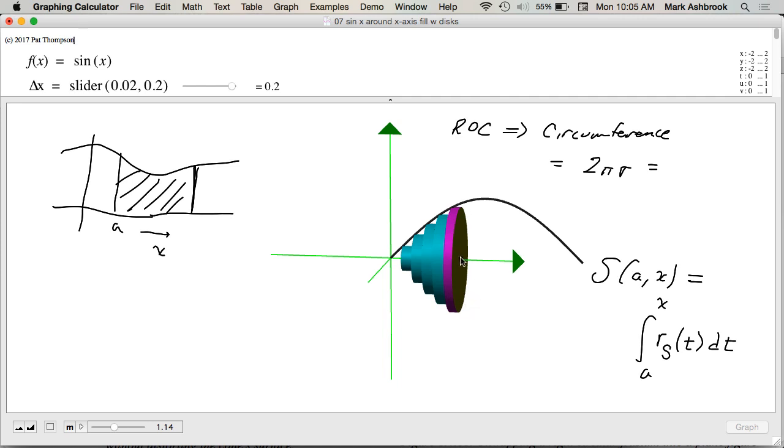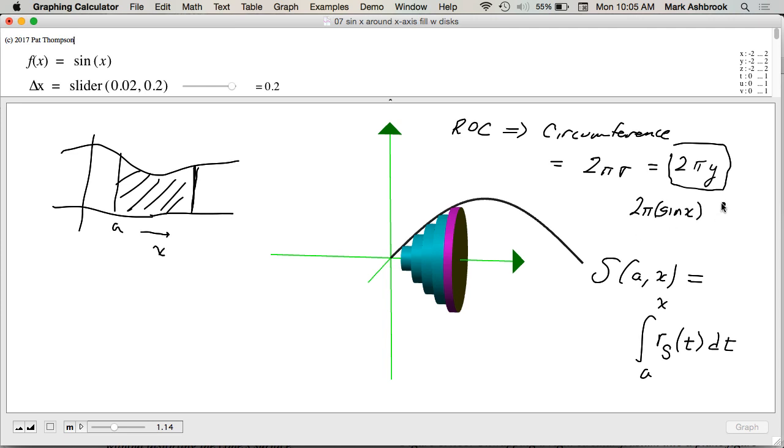It's just the y from the x-axis up to the curve. So 2 pi y. All right, and in this case, that would be 2 pi sine x.